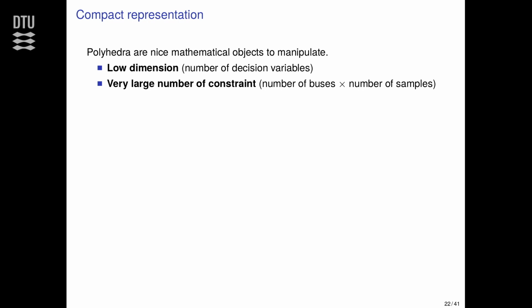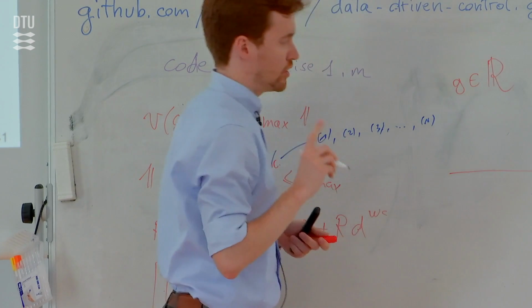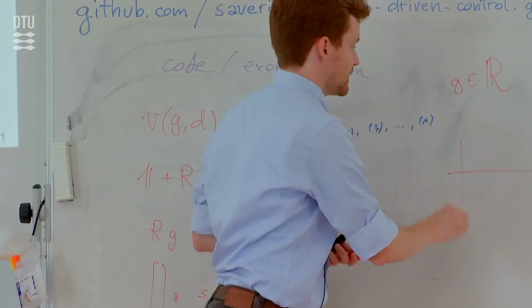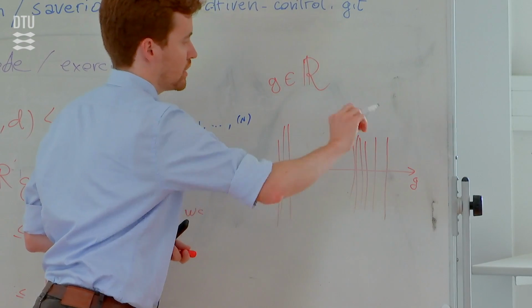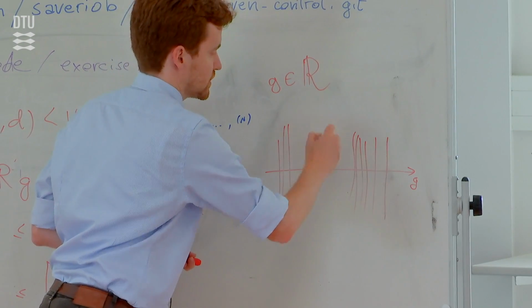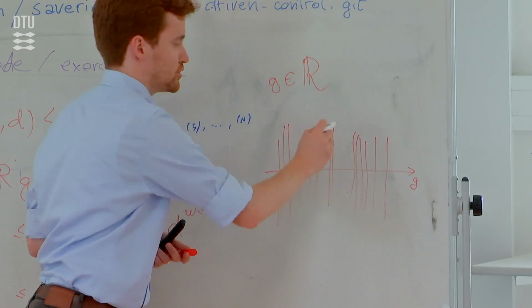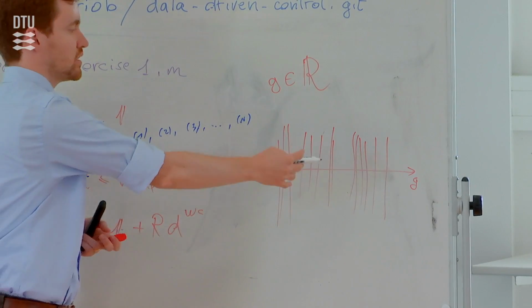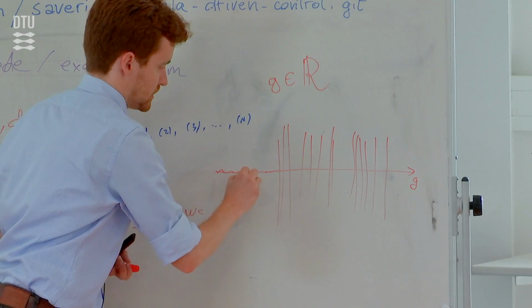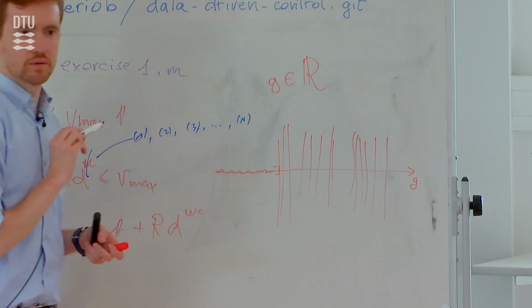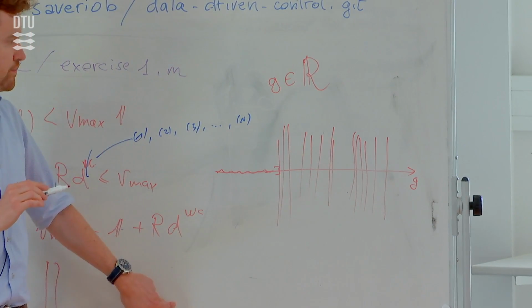What this means is that I have G, my only decision variable, and I have 5,000 constraints, all saying that you need to stay on the left of the constraint. You can add as many as you want, but the representation of the feasible region is very simple. It's just the smallest one of all, okay?